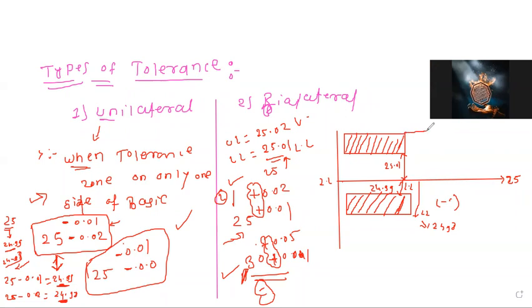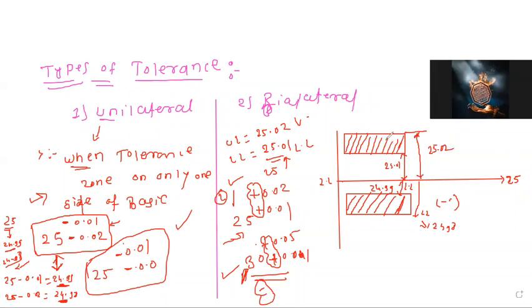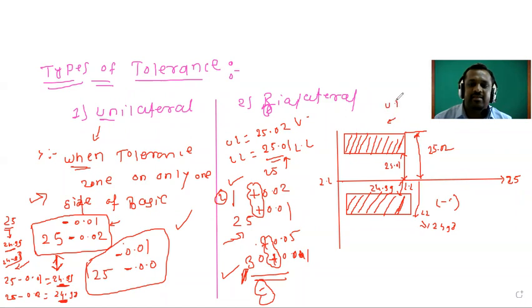This is the upper limit, 25.02. Now tell me, it is which type of tolerance system? It is unilateral. बरोबर आहे का? प्लस प्लस युनिलॅटरलमध्येच आहे ना हे?